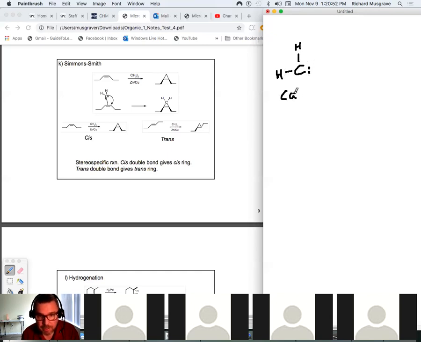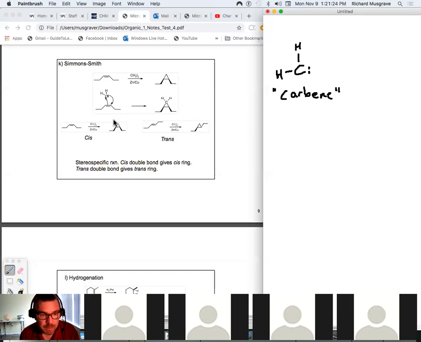Very, very unstable, but unstable in that it produces a very electron deficient kind of species. And that electron deficient species reacts with the double bond here, and we end up getting a cyclopropane ring as a product. So that would be the mechanism for that one there.